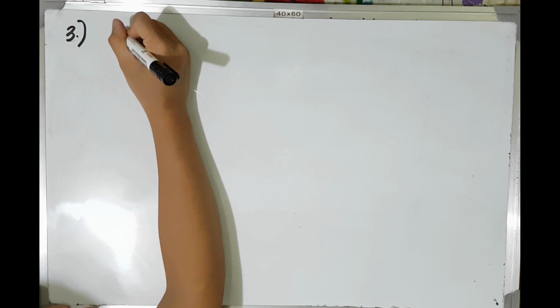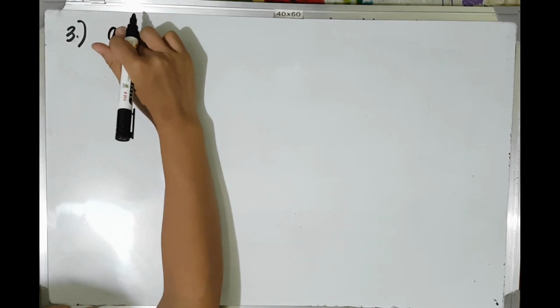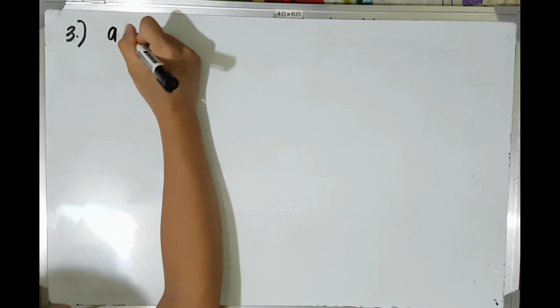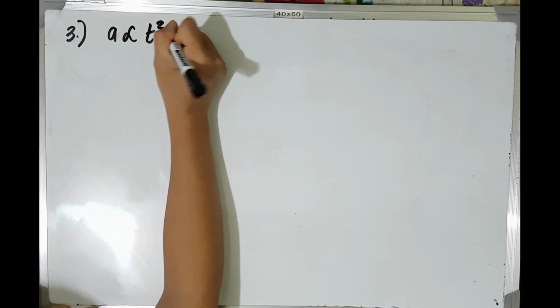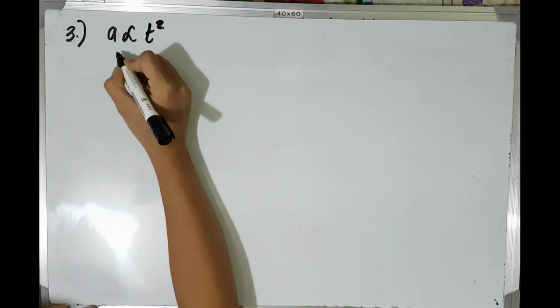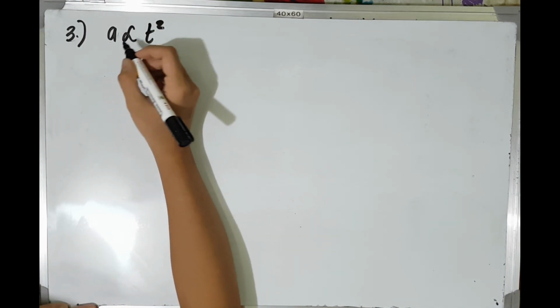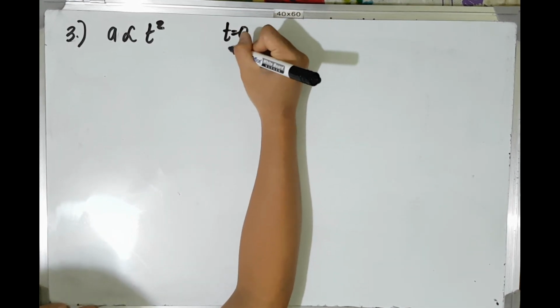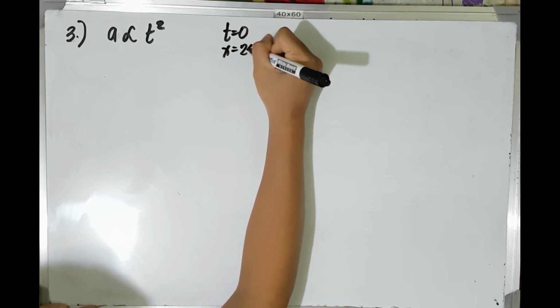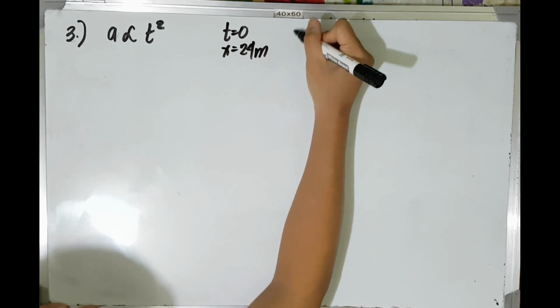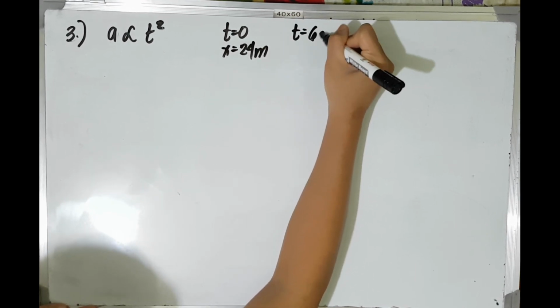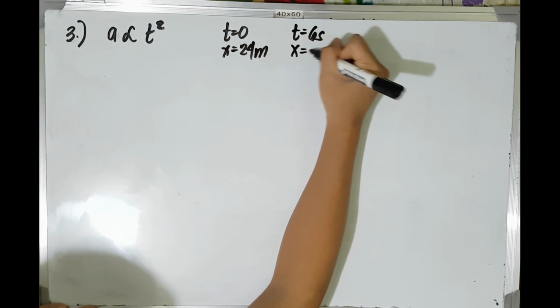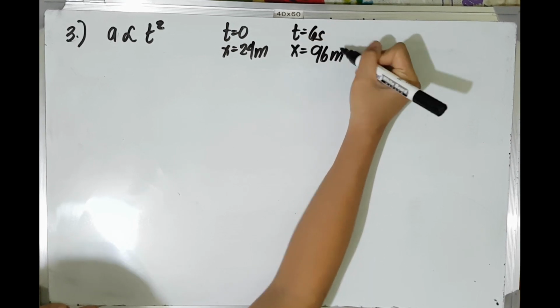So we have here the relationship of acceleration with respect to time. So they are directly proportional to the square of the time. So at t equal to 0, x is equal to 24 meters, and at time t equal to 6 seconds, it is 96 meters, and the velocity is 18 meters per second.